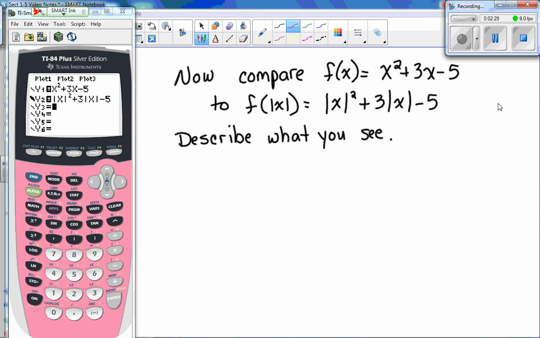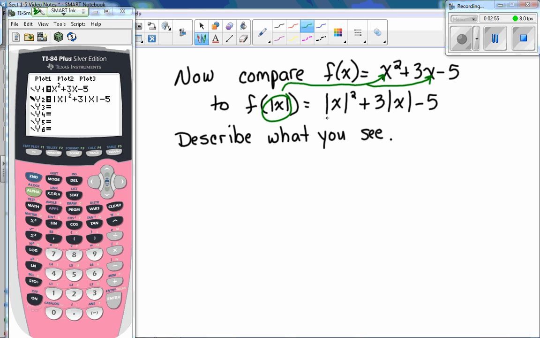Now we're going to see what happens if you compare the same function f of x, so the same parabola, but this time instead of the absolute value of f of x, we're doing f of the absolute value of x. That's a little different. What that means is I'm taking the absolute value of x and plugging it in everywhere you see an x.